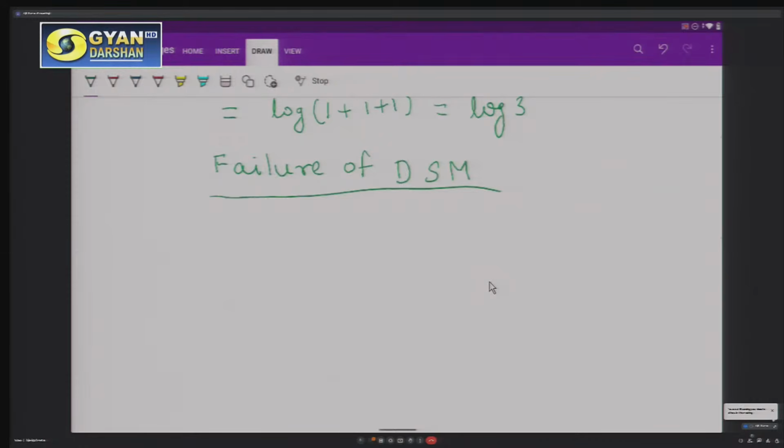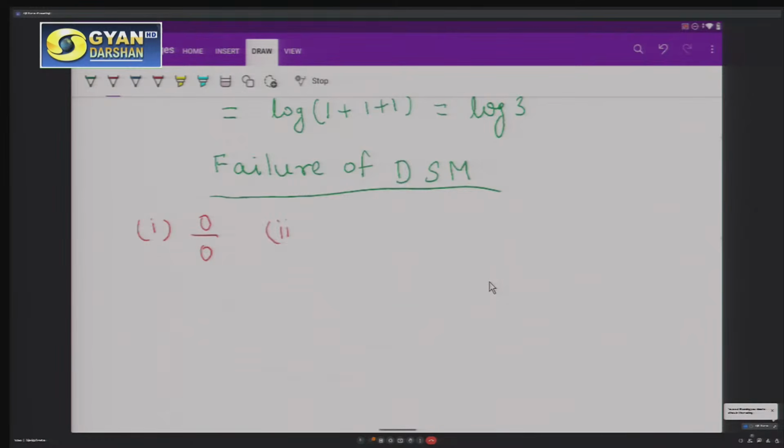There are cases where the direct substitution method fails. So these cases are: number 1, when two functions are there and when you are substituting, it comes in the form of 0 upon 0.